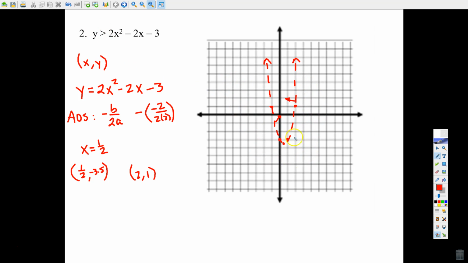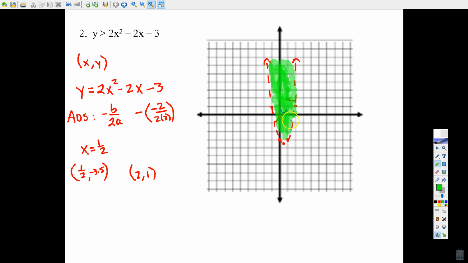That's what less than would do. So greater than means I'm going to shade inside the parabola. All of these x, y coordinates that fall in the shading should make this true.